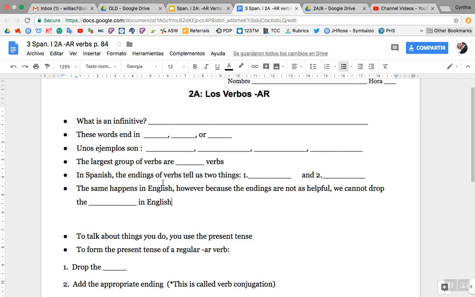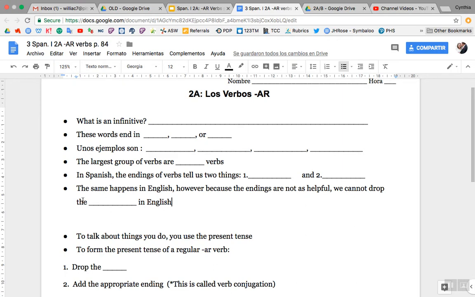In Spanish, the endings of verbs tell us two things. They tell us who is doing the action and when the action is occurring. So just by changing the ending of the verb, which I'll explain in a minute, you're going to learn who's doing it and when it was happening. And by when, I mean present tense, past tense, future tense, and that's all by just the ending.